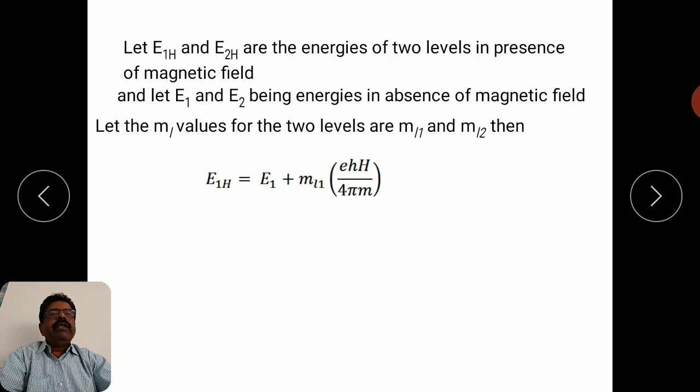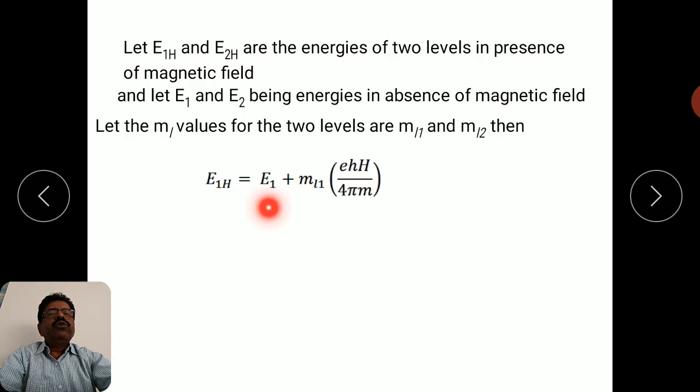So E1H and E2H you can represent as follows. E1H is equal to E1, the energy in absence of the magnetic field, plus the additional energy in presence of the magnetic field because of Larmor precession, which we can write as this quantity. Okay.